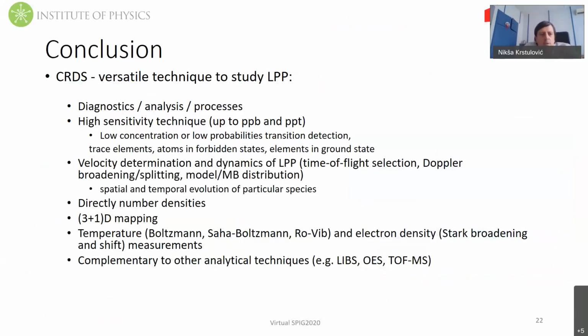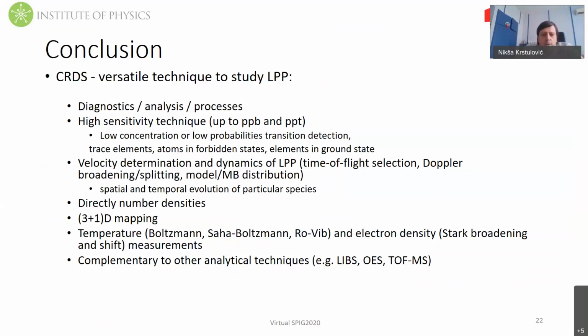To conclude, cavity ring-down spectroscopy appeared to be a versatile technique to study laser plasma, but also other kinds of plasmas. You can do diagnostics and analysis of the processes. It's a sensitive technique. It can reach even the ppt range, and the main advantage is that it can detect not only low concentrations of particles, but also particles with low transition probabilities, trace elements, even forbidden states, elements in ground states, which are completely invisible for any emission-based spectroscopy.